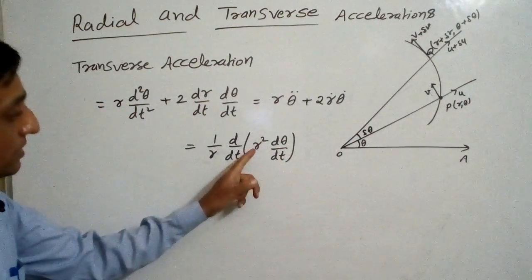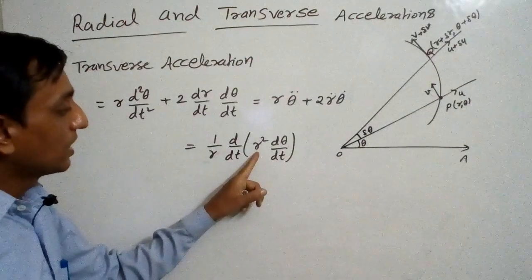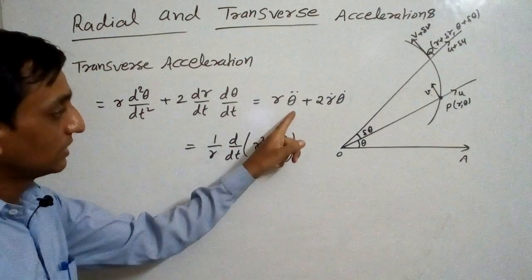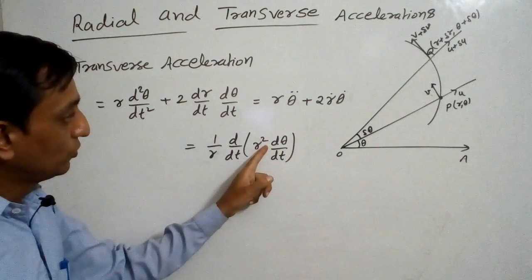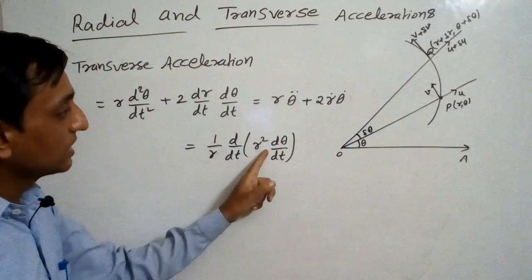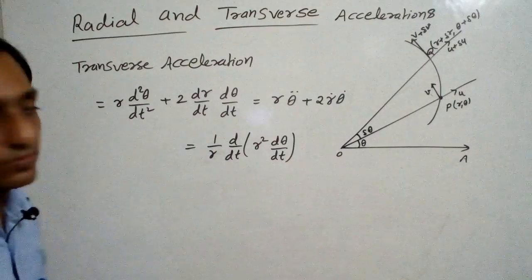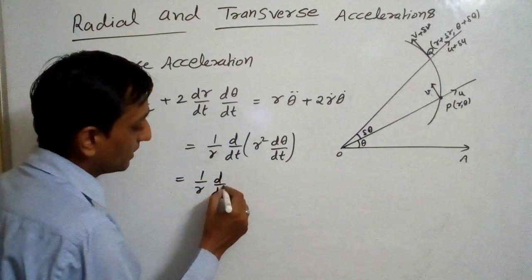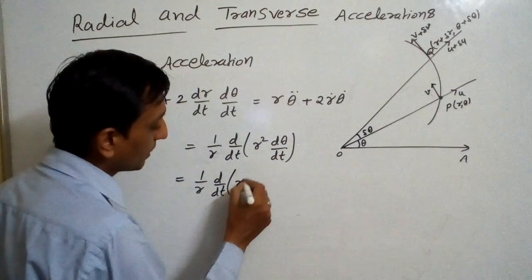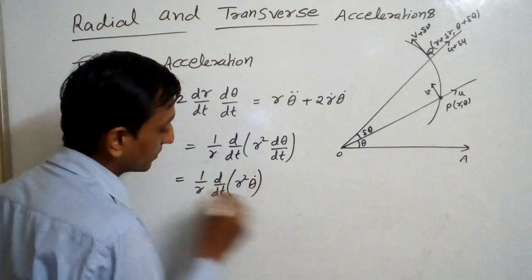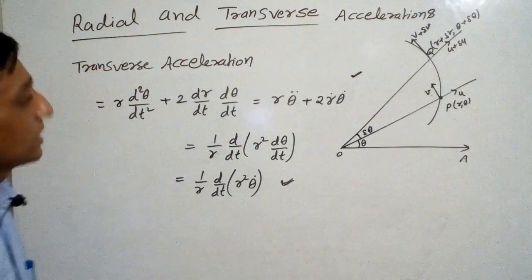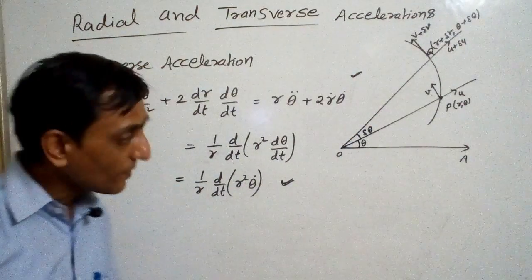If we simplify this, r square is constant in the derivative, so one r is cancelled out, leaving r theta double dot plus 2 r dot theta dot. Or we can also write this as 1 over r d/dt of r square theta dot. We remember this form also. So these are the transverse acceleration.